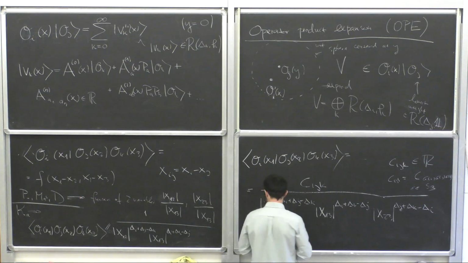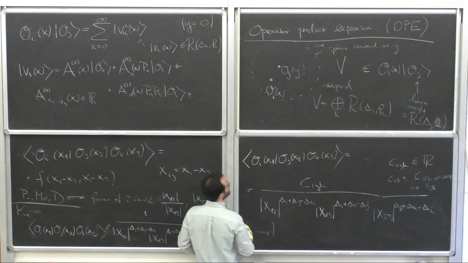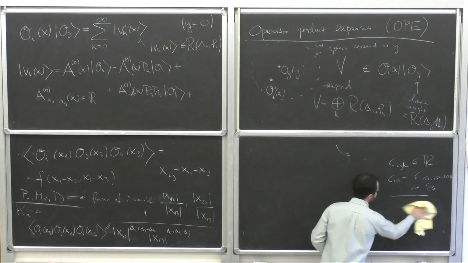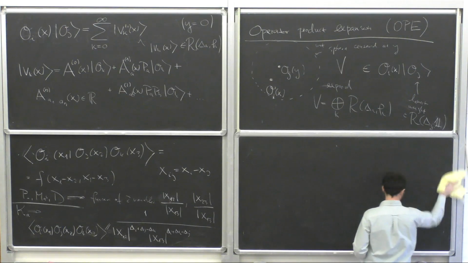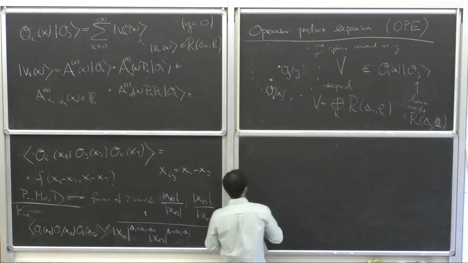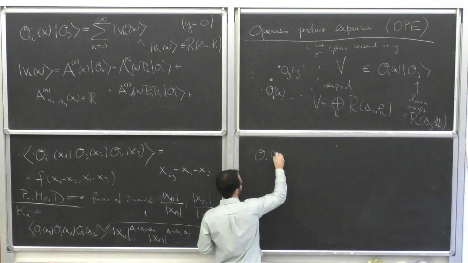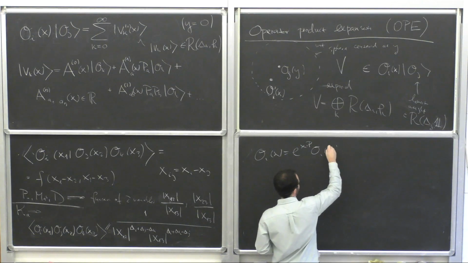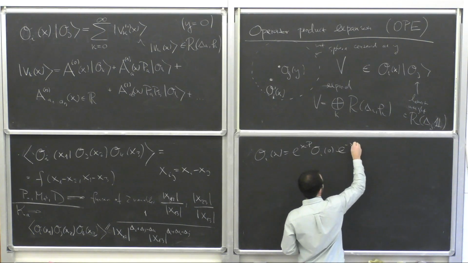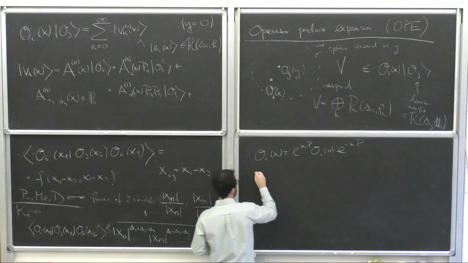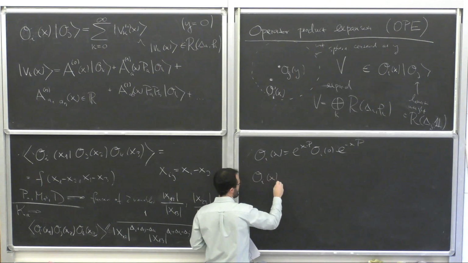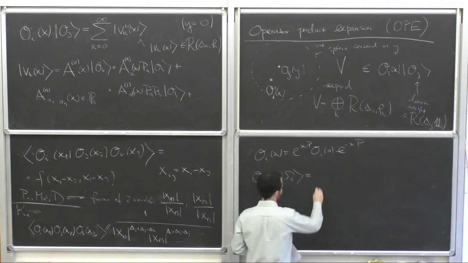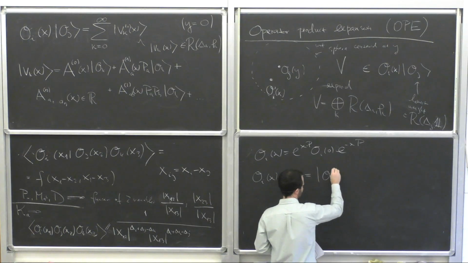That was the formula yesterday: the primary at X is the same thing as e to the X dot P, primary at the origin, e to the minus X dot P. So if you act with the primary at X on the vacuum, you're going to get the primary state.